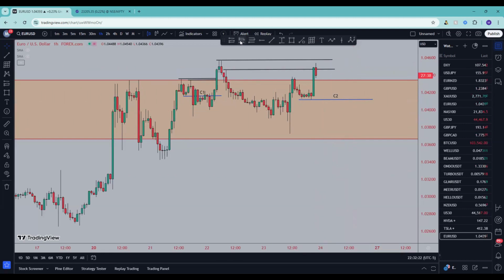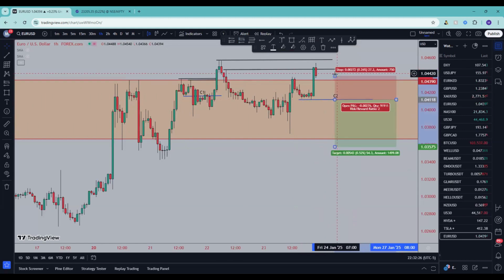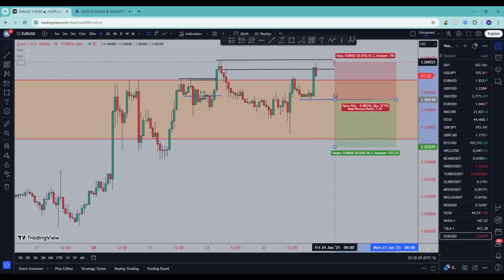I will take my entry from here and put my stop above the highest high before this break. And I'll target just a 1 to 2.